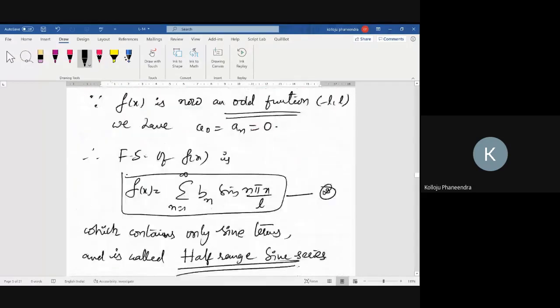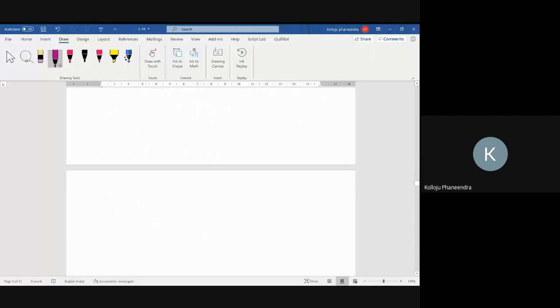Shall I start the problem? Okay, first problem. Already I did this problem, no? Obtain a half range cosine series. Time will not permit for this, let me take another one.